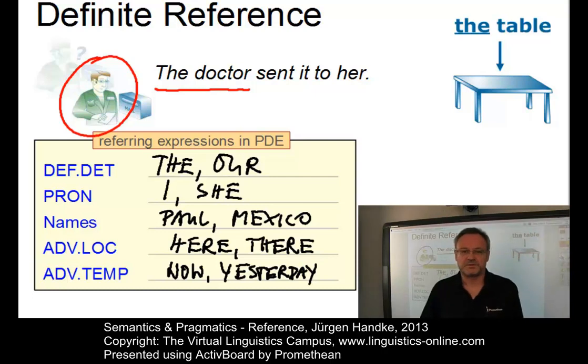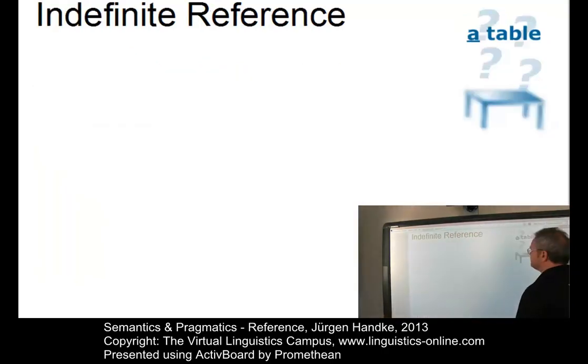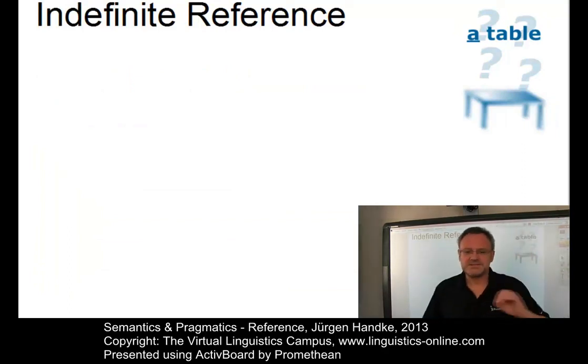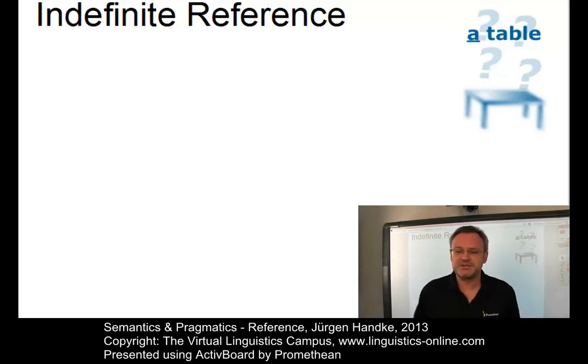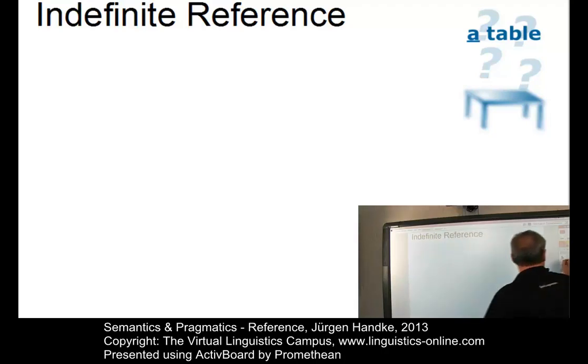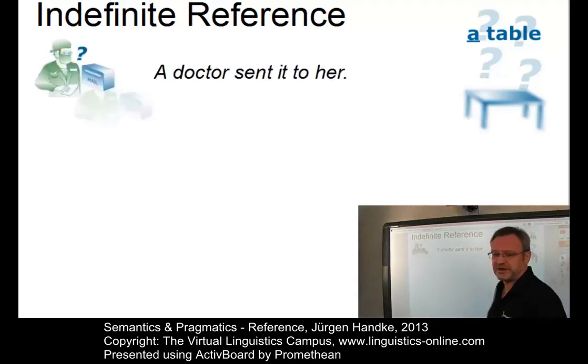Let's look at indefinite reference next. In instances of indefinite reference, the success of the act of reference does not depend on the individual features of the referent, only the features of the class to which the referent belongs are relevant. Here is our example again, slightly modified.